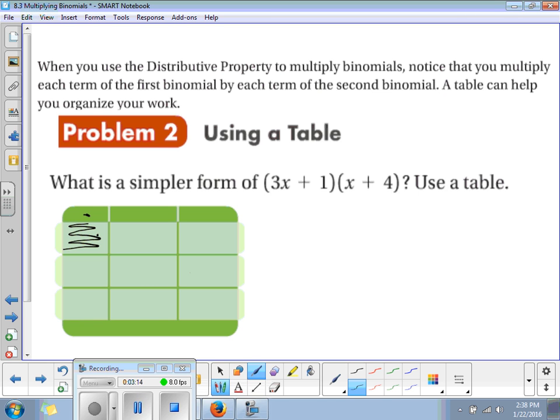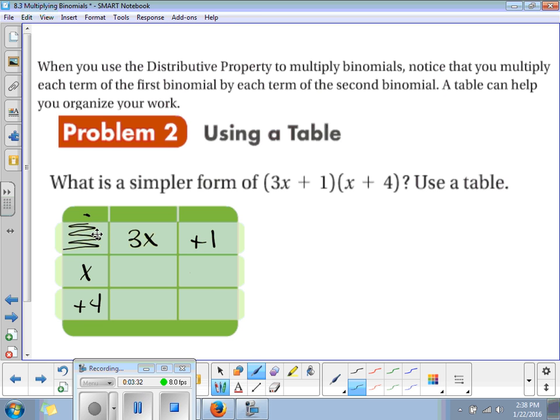It doesn't matter which one you put where. I usually put the first one on top. So I've got 3x plus 1, and x plus 4.